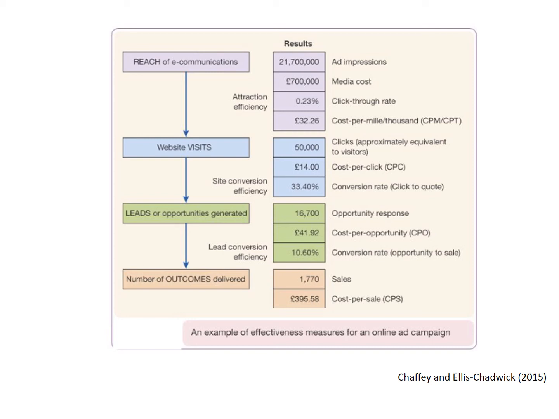more than one time. So if there's X number of people and there are 21,700,000 ad impressions, you can work out the number of times people have actually seen your ad.